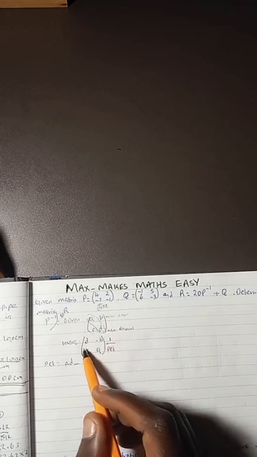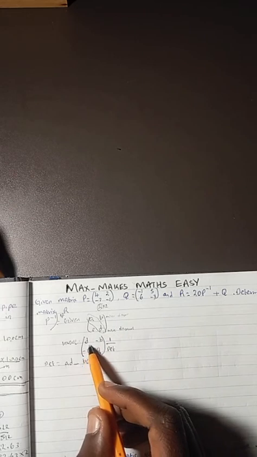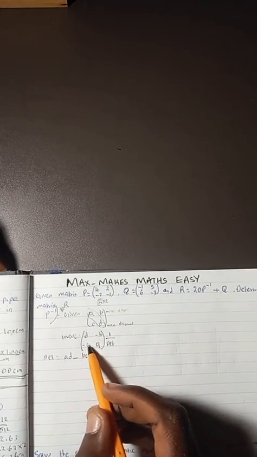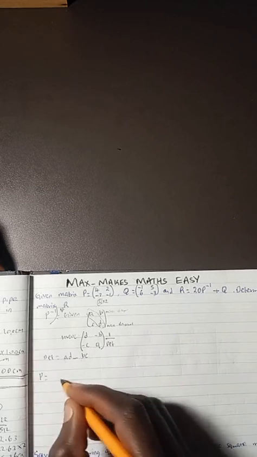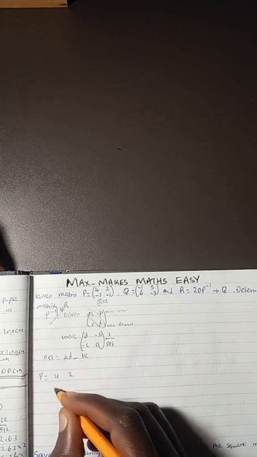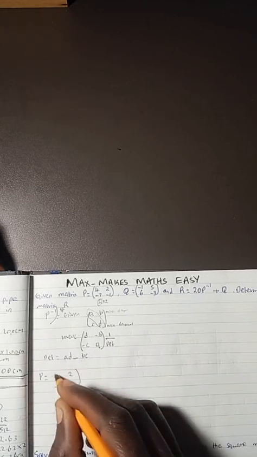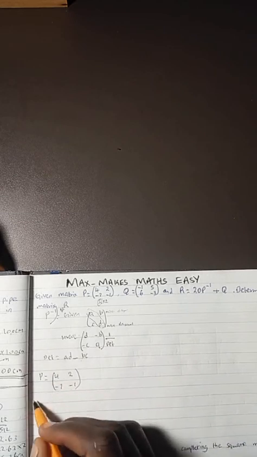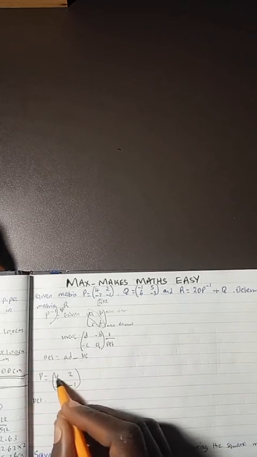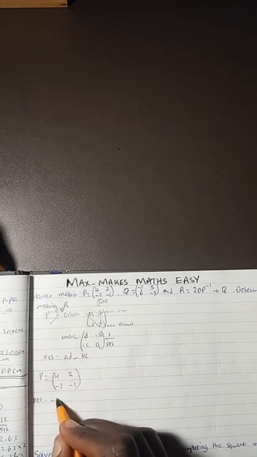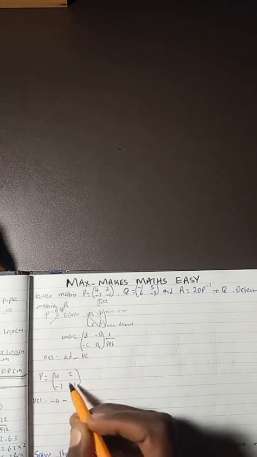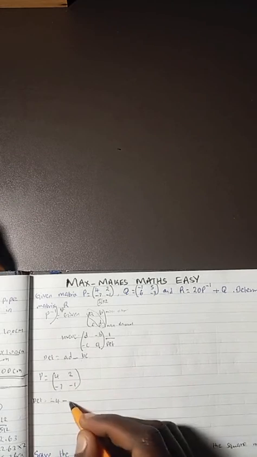So let us find the inverse of P, given P is equal to 4, 2, -7, -1. First we find the determinant. 4 times -1 is -4. Then we subtract 2 times -7, that is -14.